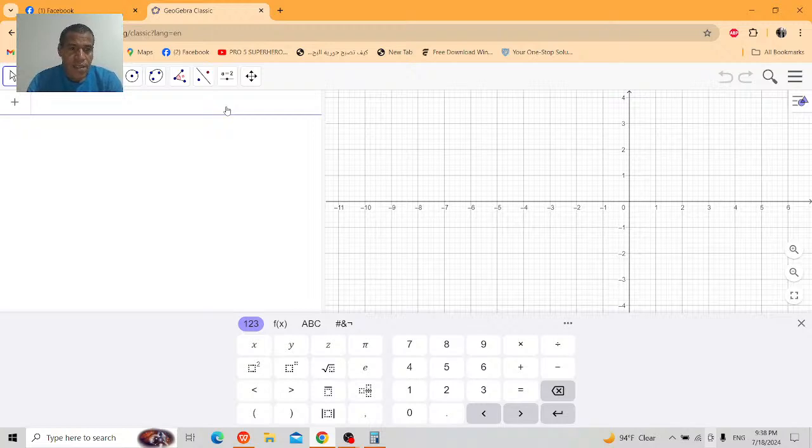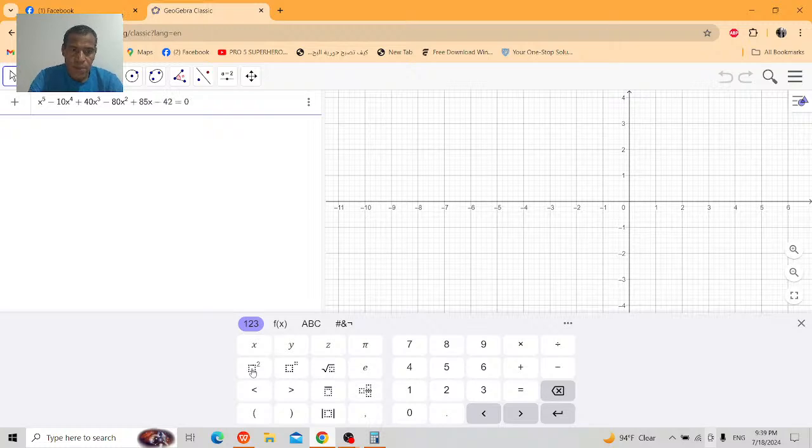Okay, let's check. x raised to the power 5 minus 10x raised to the power 4, plus 40x cubed, minus 80x squared, plus 85x, minus 42.